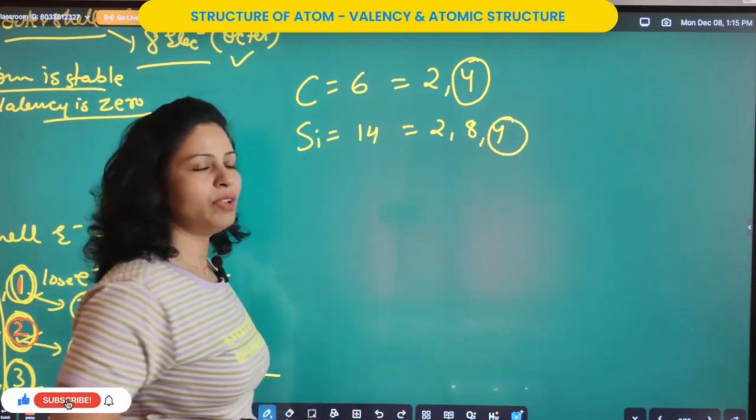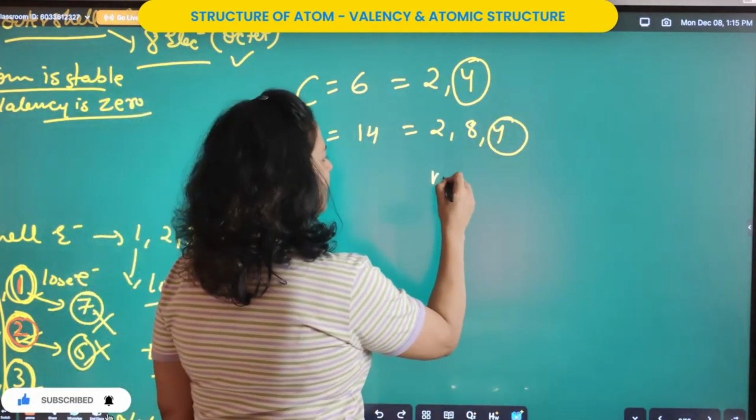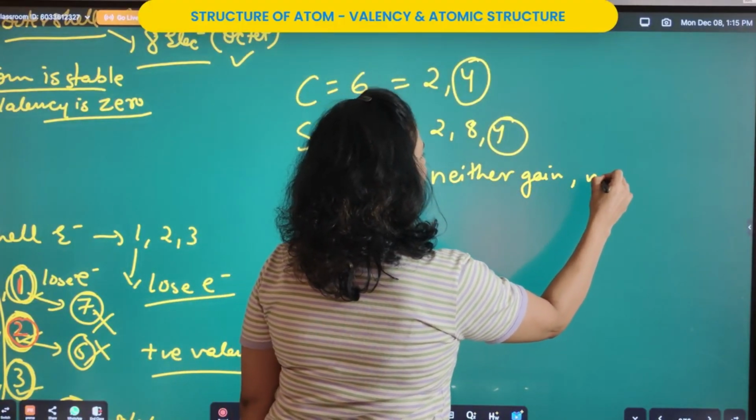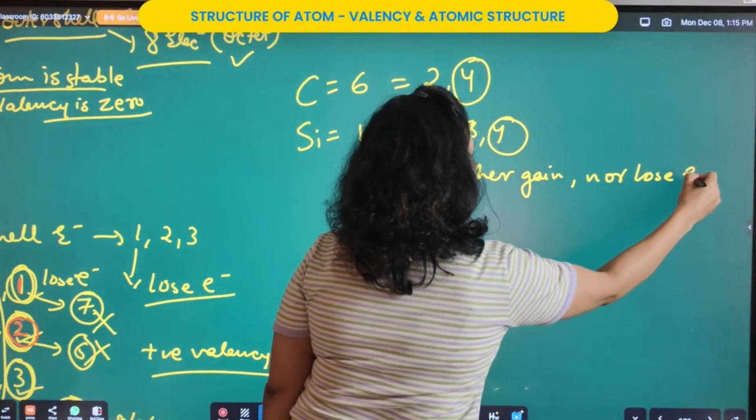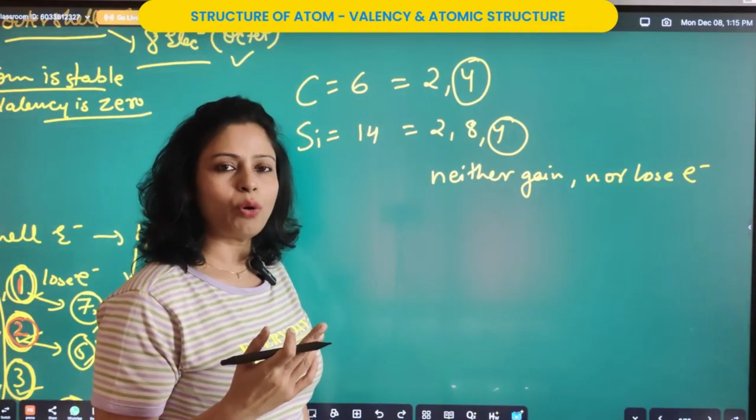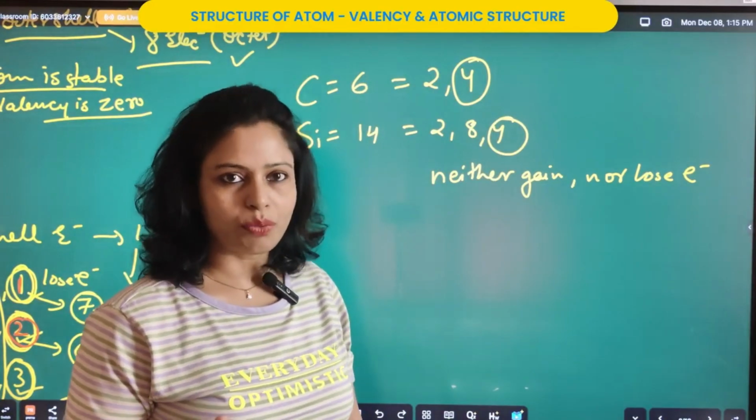When the last shell is having 4 electrons, they will neither gain nor lose electrons. They will combine in a different way, forming a different kind of bond. When you go to higher classes, you will study about it.